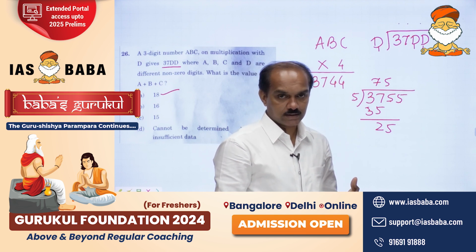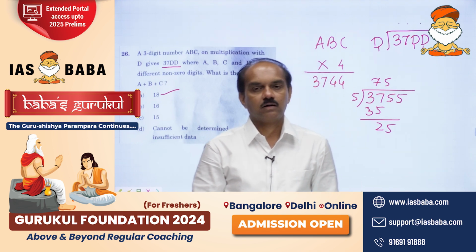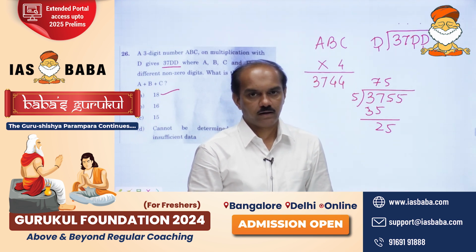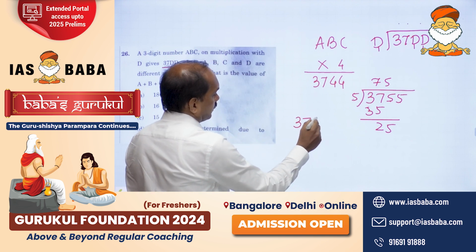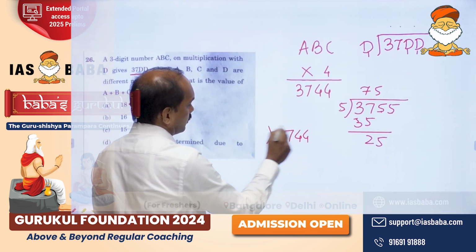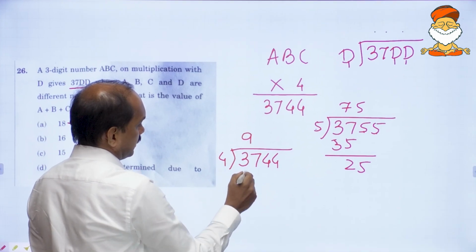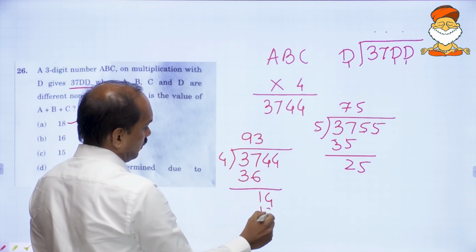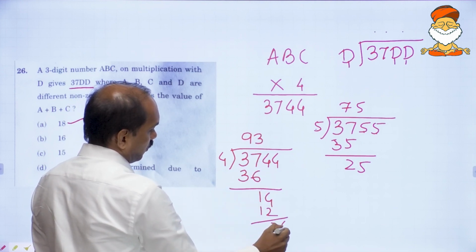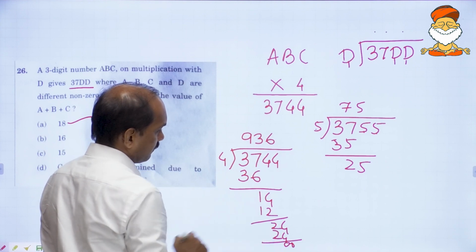Then I took 6, then I took, I think, 4, and I got the final number. Okay. So 3 7. If you take 4 4, here also 4, then 4 9s are 36, 4 3s are 12, 4 6s are 24, right?